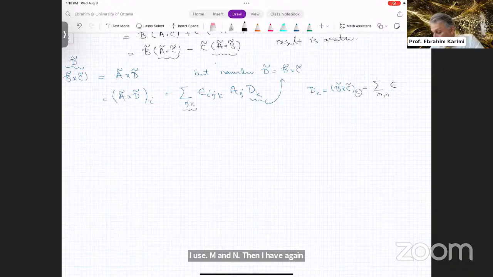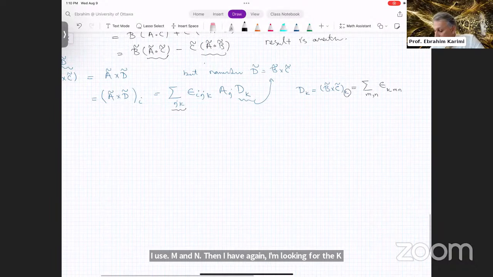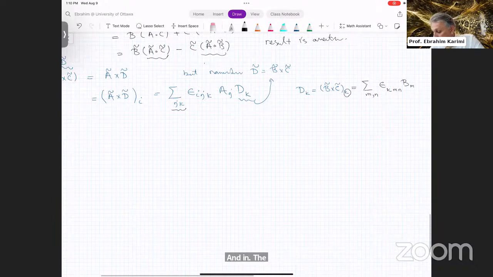I'm looking for the K component, so it will be K, M, N. The first vector is B_M, the second vector is C_N.